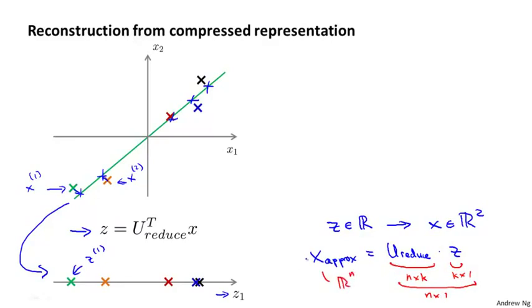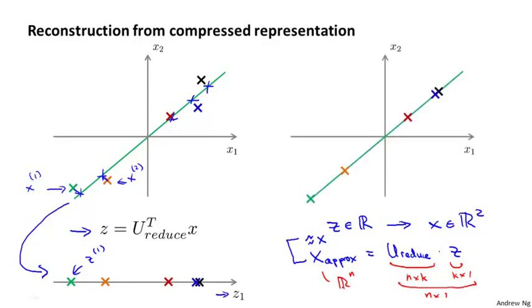And so the intent of PCA, that is if the squared projection error is not too big, is that this X approx will be close to whatever was the original value of X that you had used to derive Z in the first place.